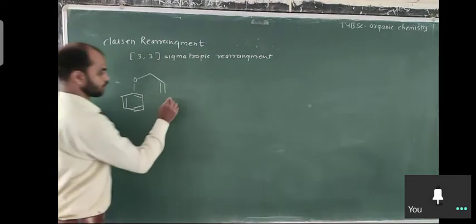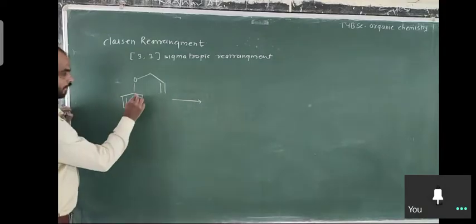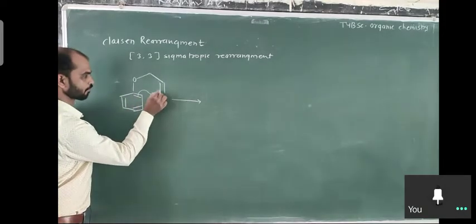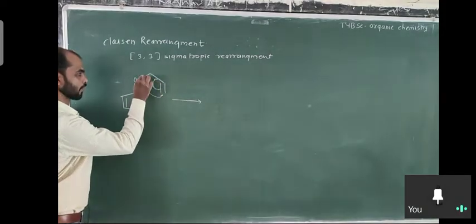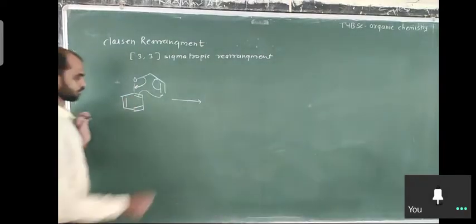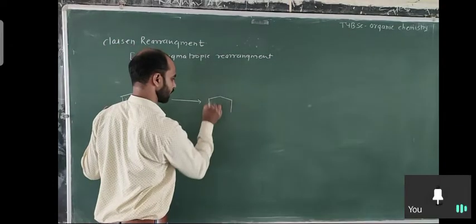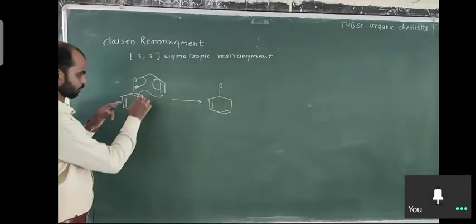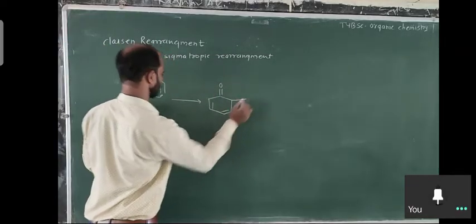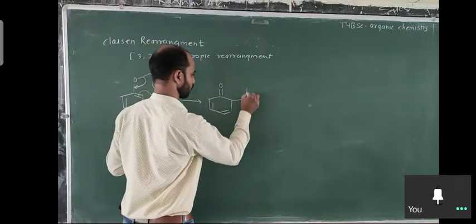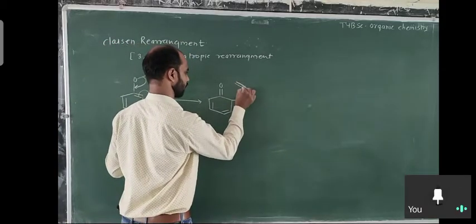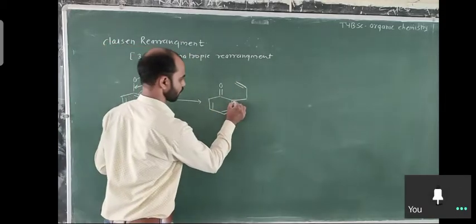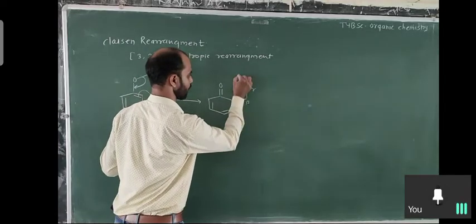Okay, so what happens here: this will attack here, this comes here, and a double bond forms. So what we get: here is the double bond, 1, 2, 3, so alpha, beta, gamma, delta.